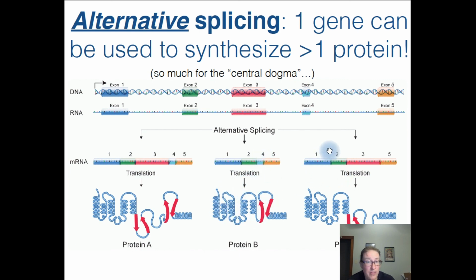It depends on which of those alternative exons wind up in the final processed RNA. So this concept of alternative splicing challenges the idea of the central dogma that you go from one gene to one protein, because with alternative splicing, you can have one gene and get more than one type of protein.